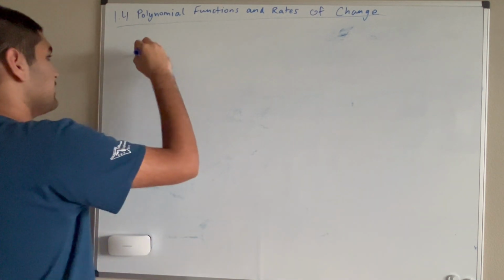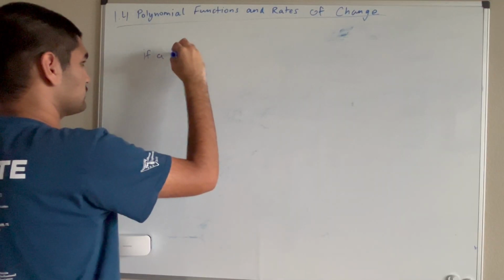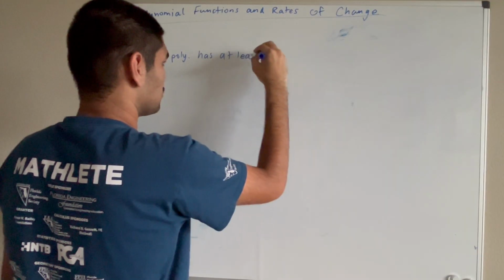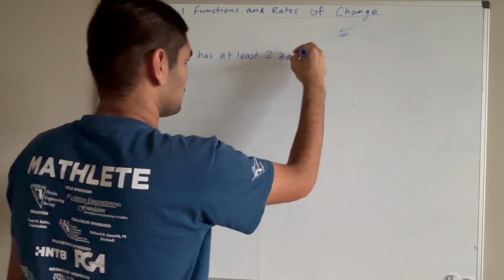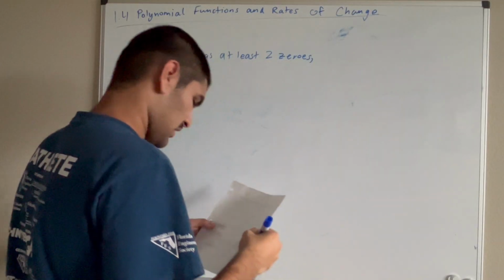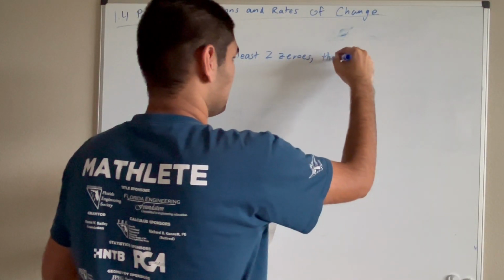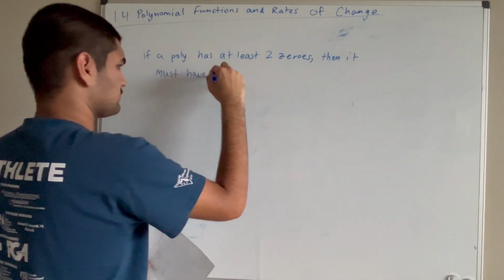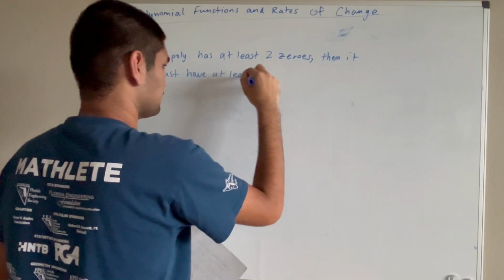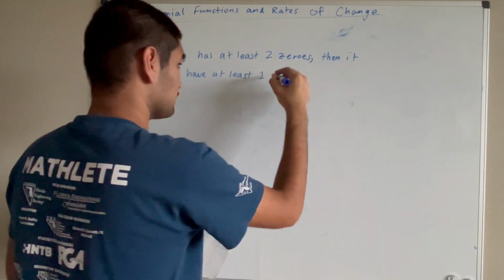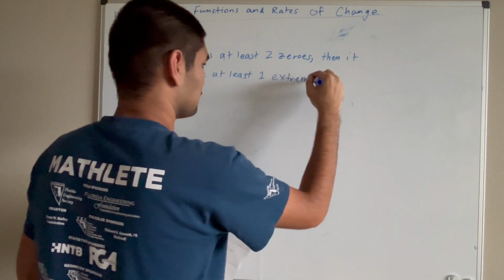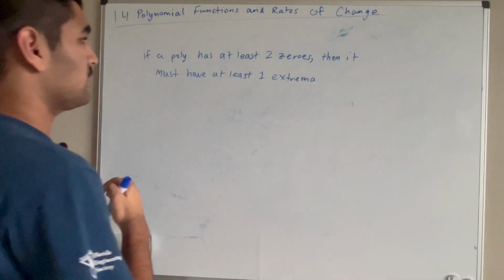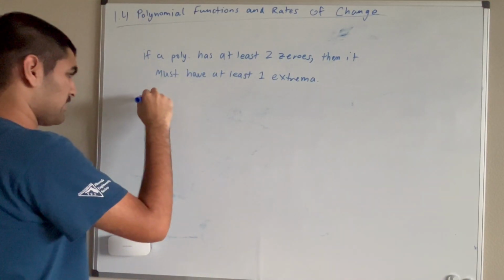It's basically saying that if a polynomial has at least two zeros, then it must have at least one extrema. Right, just a little theorem. And let's illustrate this. Let's explain why this has to be true.